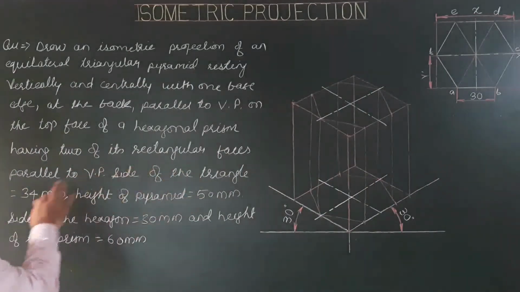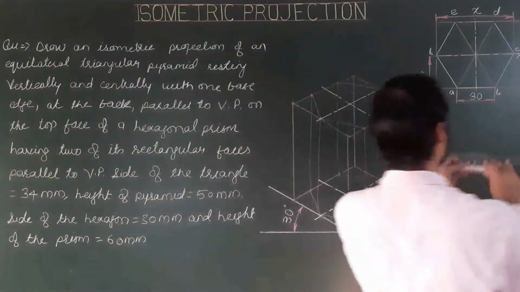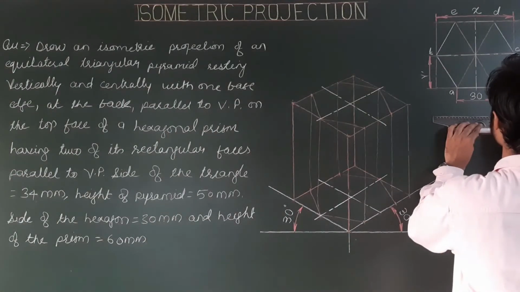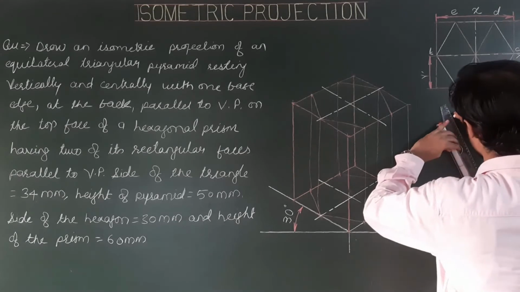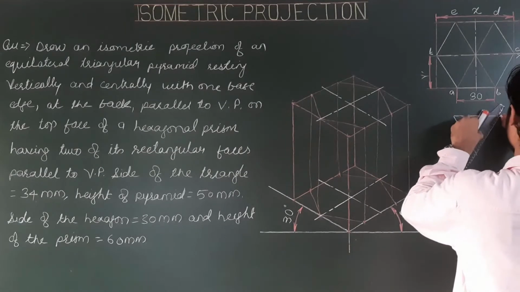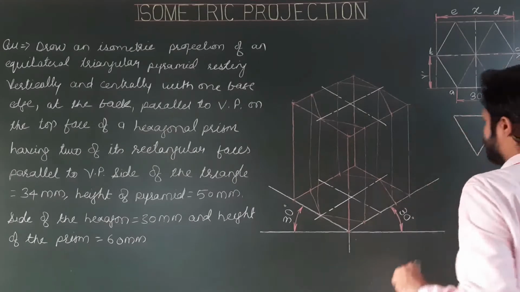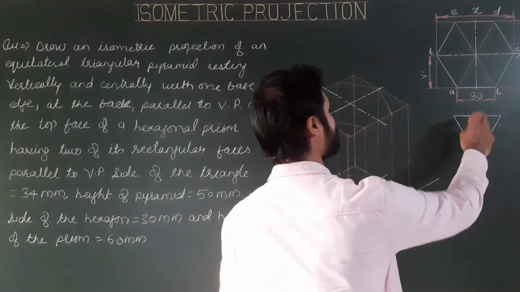Here the side of the triangle is 34, so we have to take iso 34. Drawing a regular triangle of size iso 34, and then drawing lines parallel to and perpendicular to first base side. Say this is first base side.